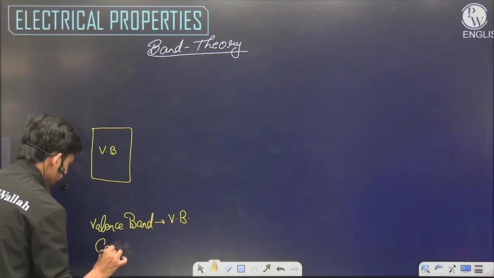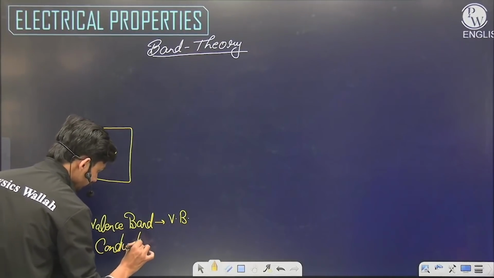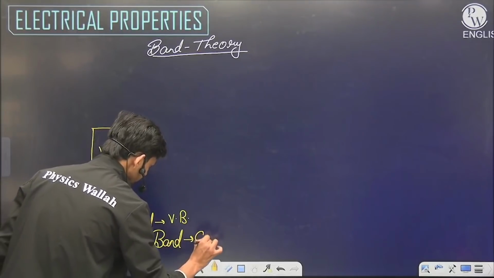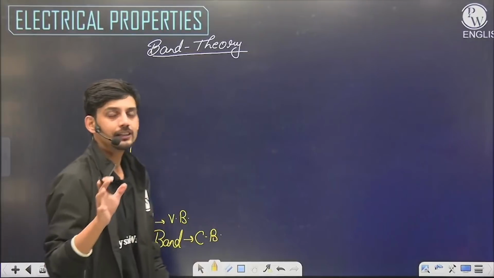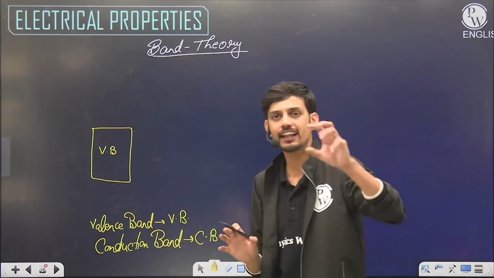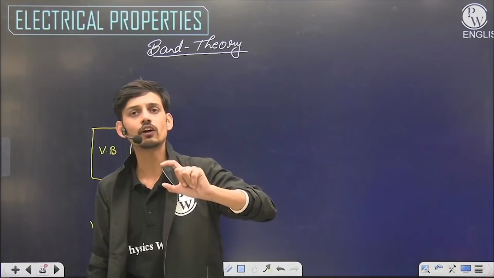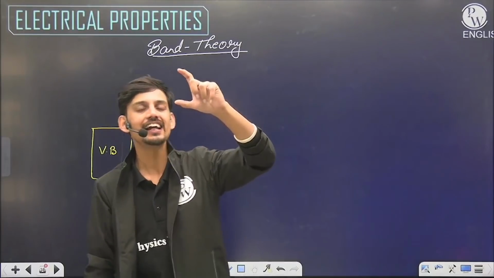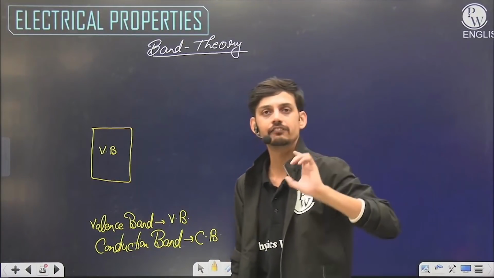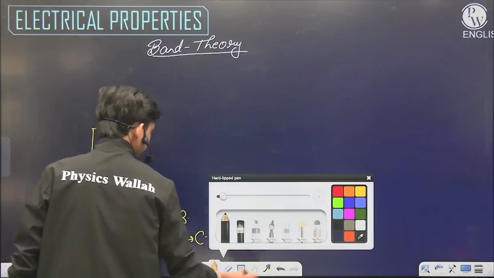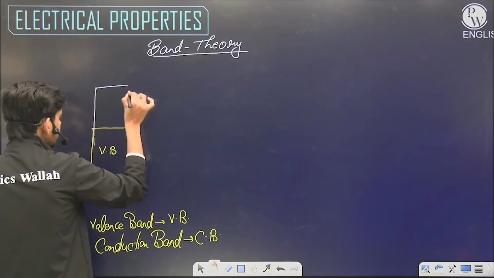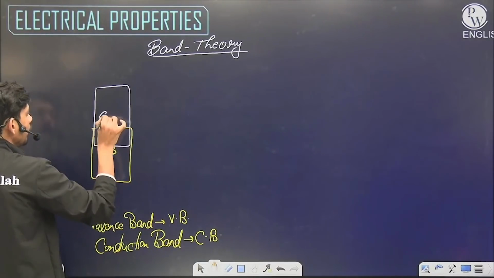If the electron is present, its position is in the valence band, but if that electron can go into the conduction band, it can become free and cause conductivity. So for conductors, the valence band and conduction band are usually overlapped.